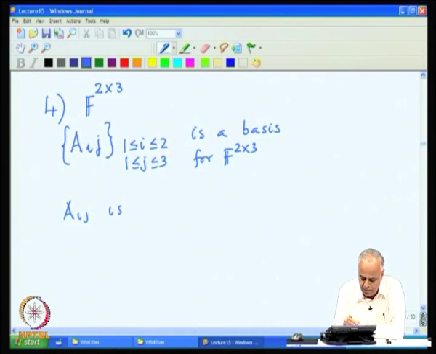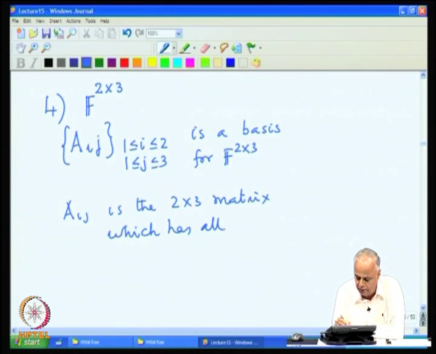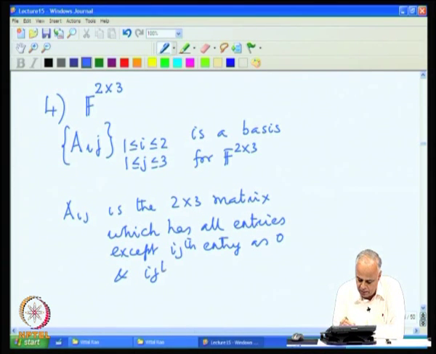Aij is the 2 by 3 matrix which has all entries except the ijth entry as 0, and the ijth entry is 1.